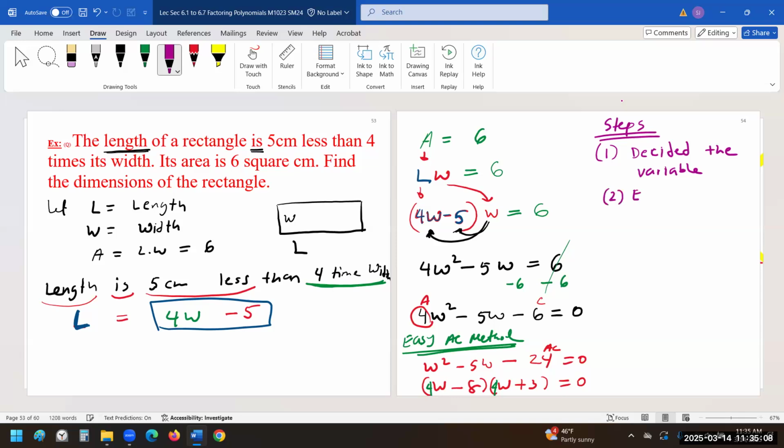Next, express the information into an equation. For example, they give us the information length is 5 less than 4 times the width.